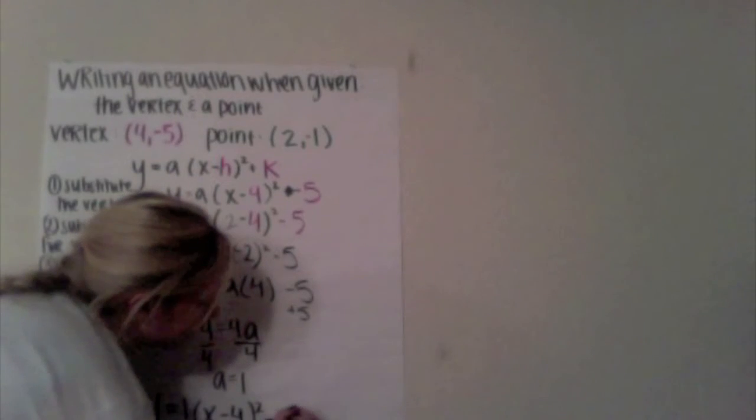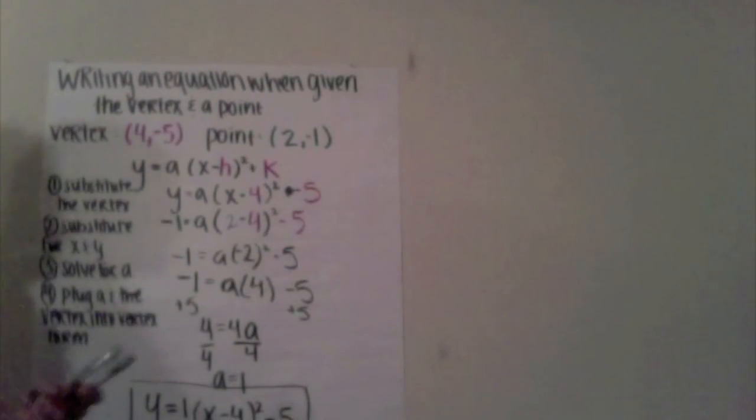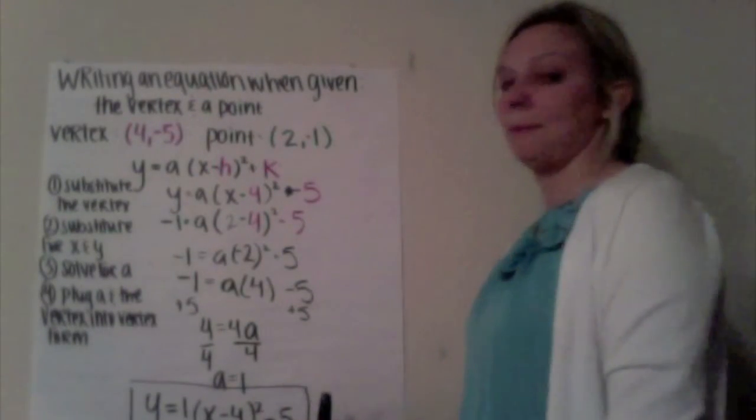So we're going to have minus 5. So the equation for a parabola with a vertex of (4, -5) that passes through the point (2, -1) is y equals (x minus 4) squared minus 5.